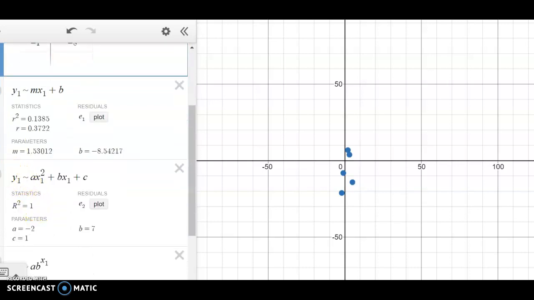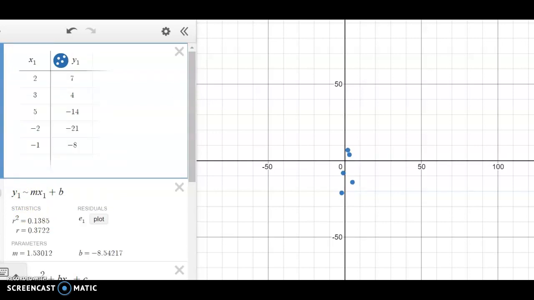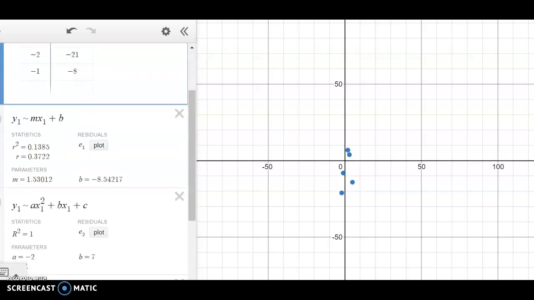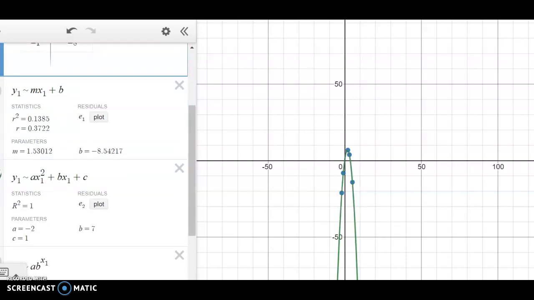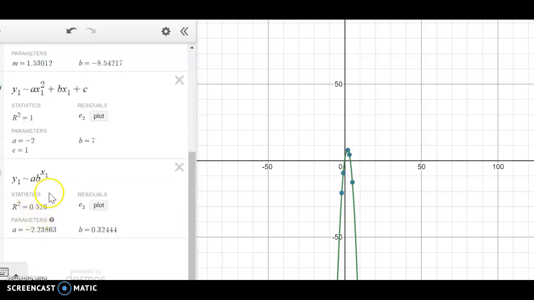I go to my quadratic, it is 1. Let's put this quadratic on. Oh, there we go. Looked like a bunch of mess with just the dots, but it's pretty narrow. So it is y equals -2x squared plus 7x plus 1. And here it is, 0.52.